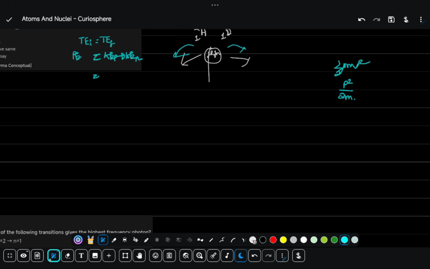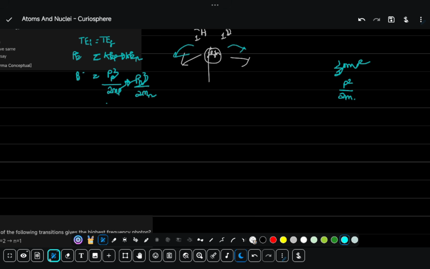For a proton, p squared by 2mp, plus pn squared by 2mn for a neutron. Now we just need to find out which contributes more to the sum or which contributes less to the sum.